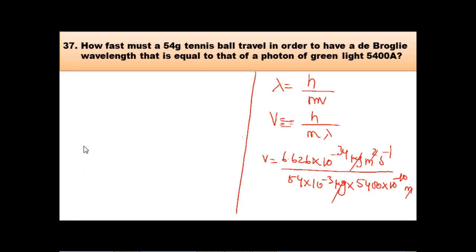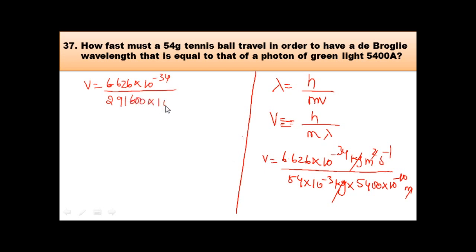So the v equal to 6.626 into 10 power minus 34 divided by 2,91,600 into 10 power minus 7.